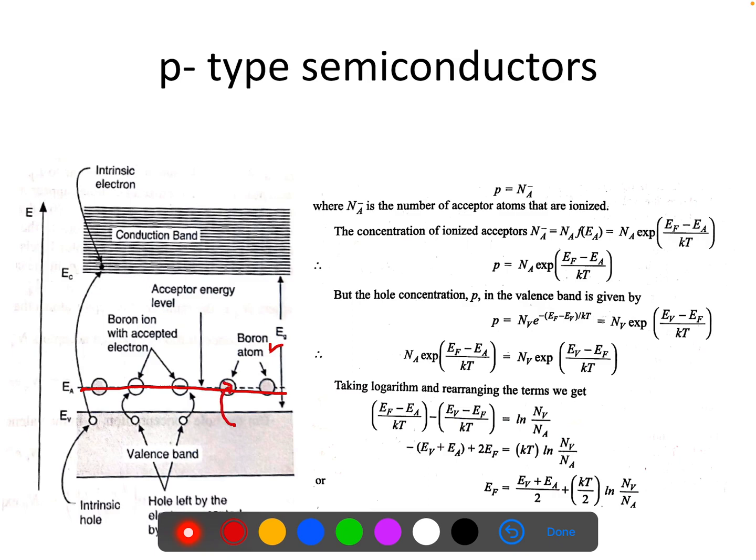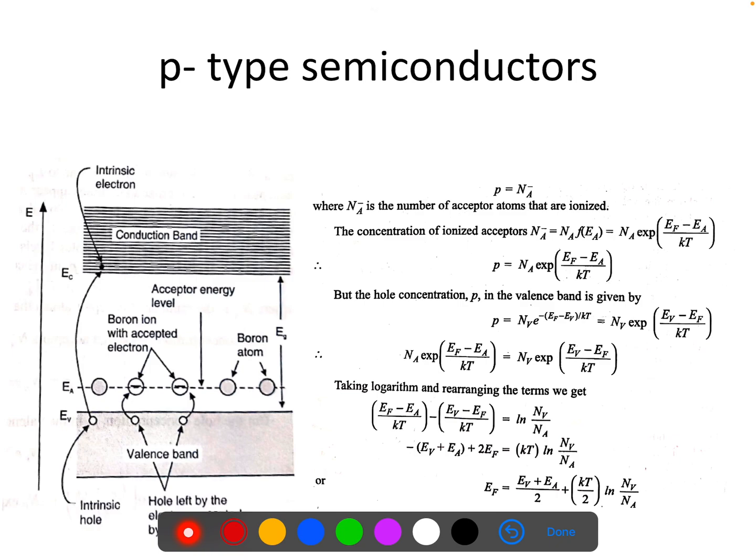Once the electron comes here, earlier it was a neutral atom, now it accepts one electron, so it becomes a negatively charged ion. So here also the Fermi level will lie somewhere in between, because this is the available level and this is the full level at absolute zero temperature.